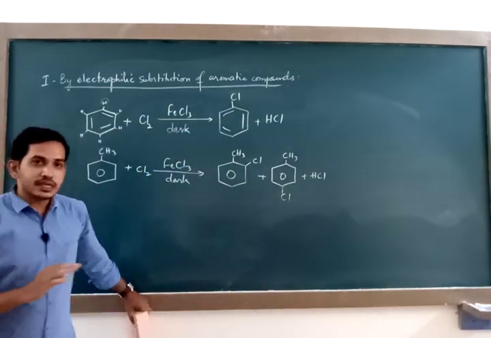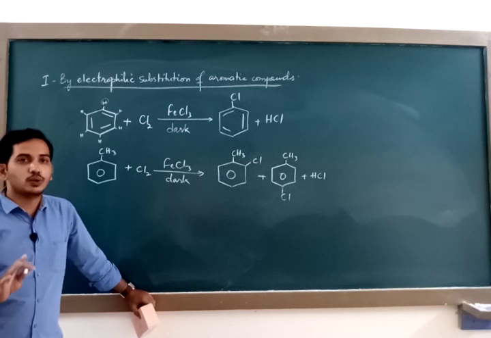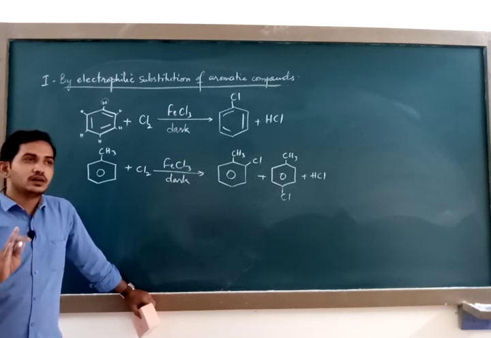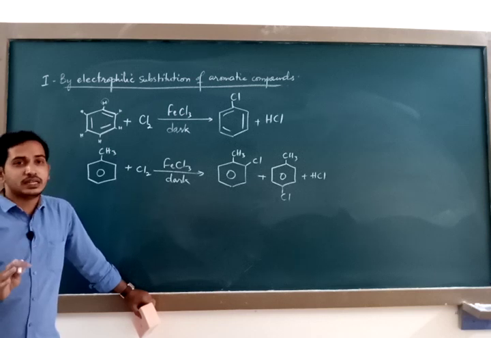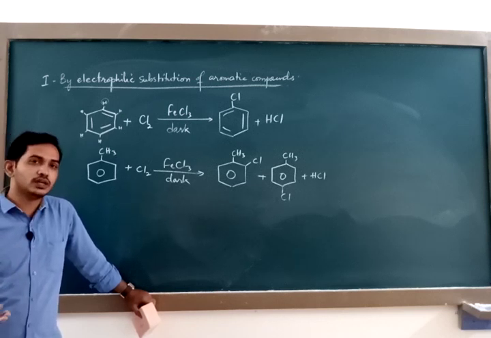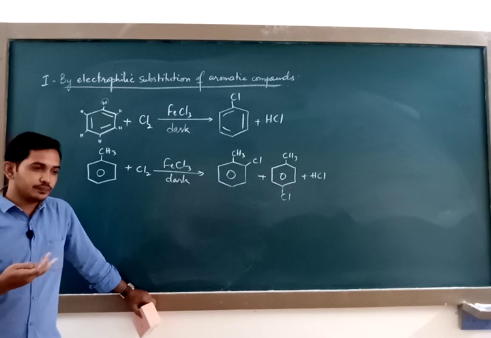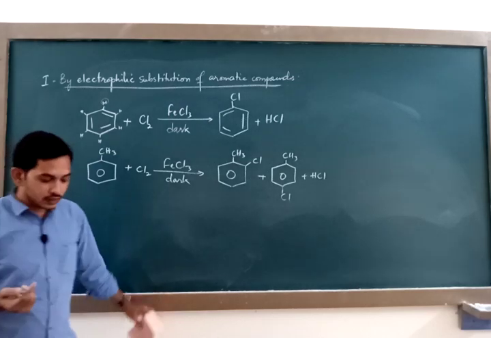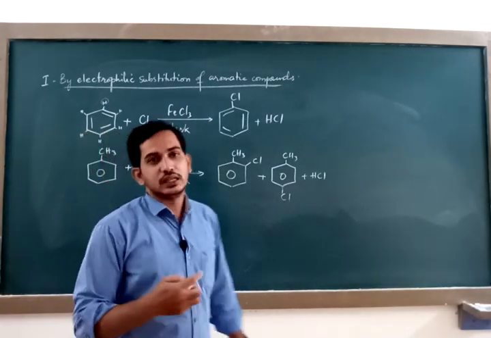Now, this reaction is valid only for chloro and bromo products. You cannot prepare fluorobenzene by this method because of the very high reactivity of fluorine. It is somewhat easier to prepare chloro and bromo products. Now, if you want to prepare iodobenzene, then what should be done?